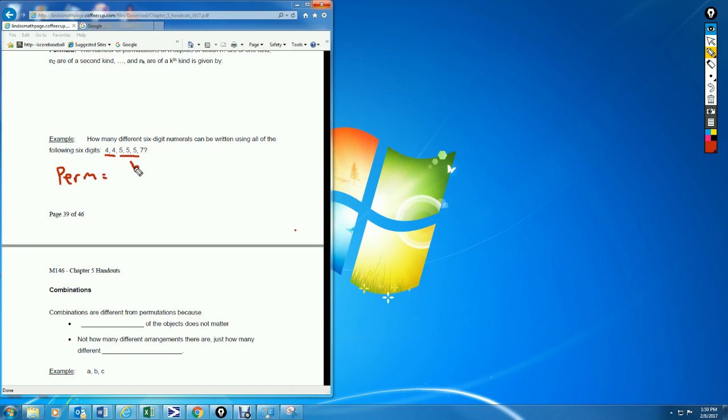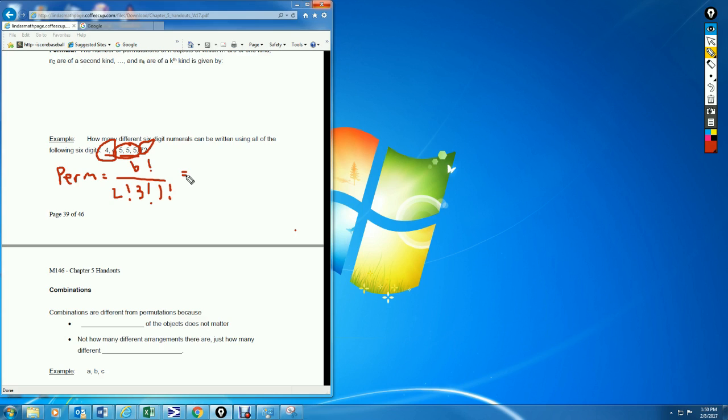So therefore, the total number of ways, or the total number of permutations, is going to equal n factorial, which would be 6 factorial, because there's 6 numbers, divided by 2 factorial, because there's 2 4s, 3 factorial, because there's 3 5s, and then 1 factorial, which really we can disregard because that just equals 1, but that refers to the single 7.